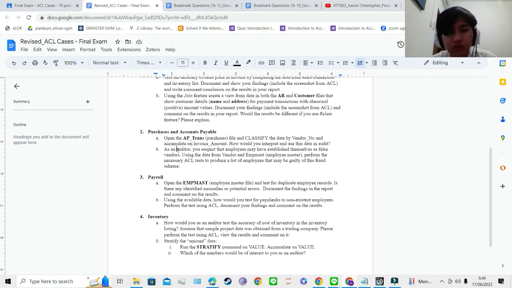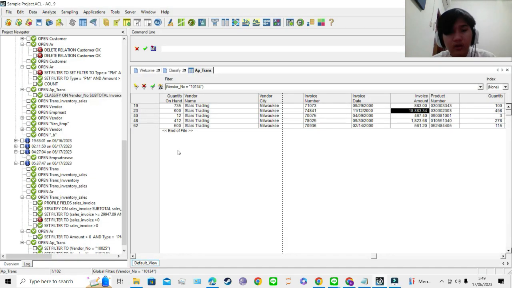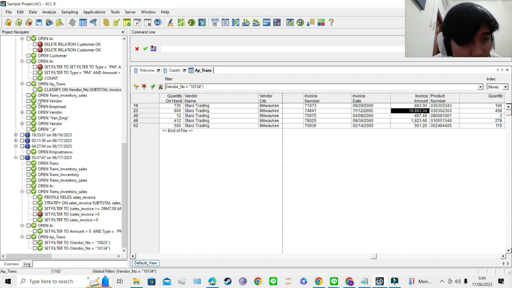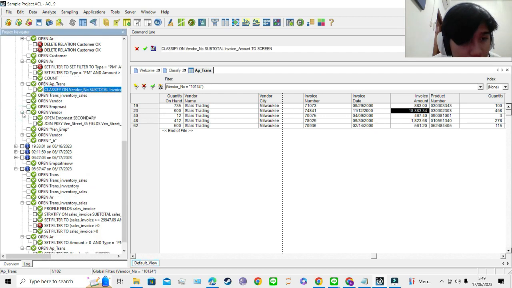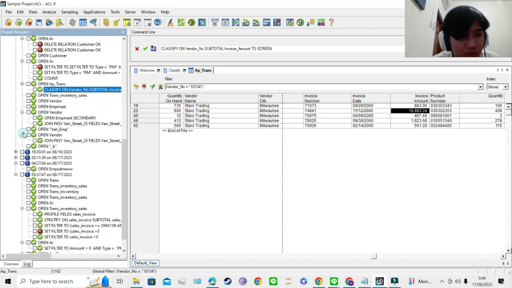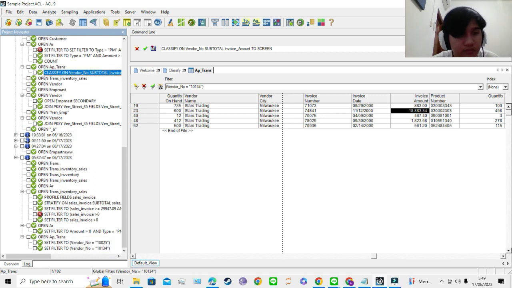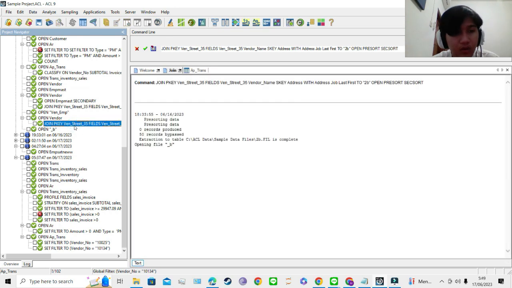So let's move on to number 2b. I have done it before, so from this command I joined the vendor street who already outtrim to match the secondary fields, with the address job, and resorted the secondary.